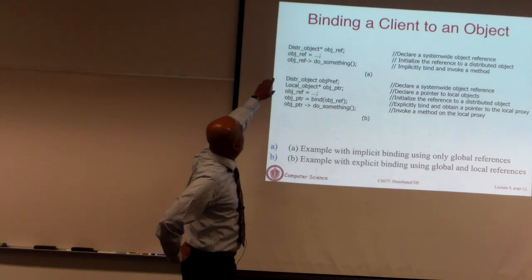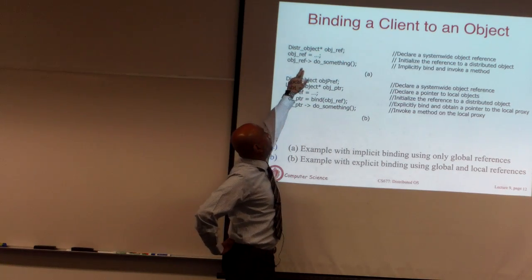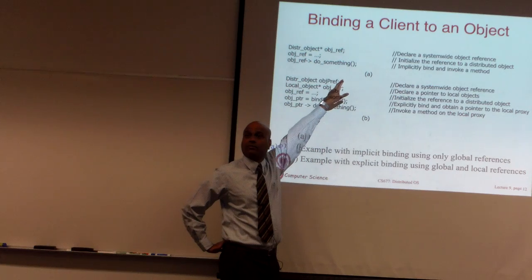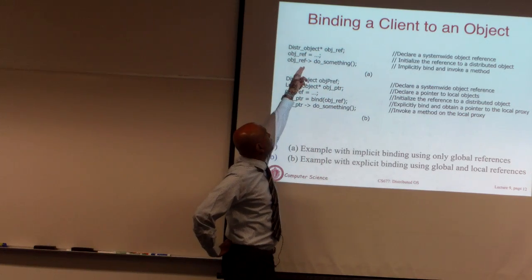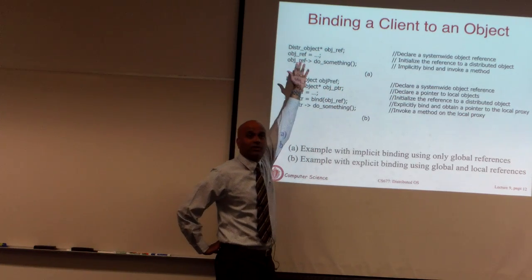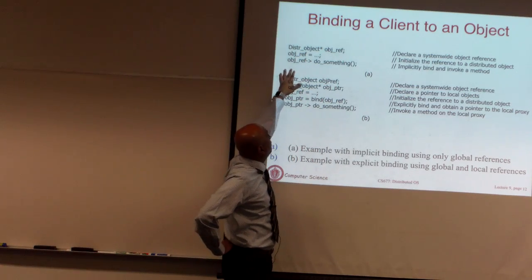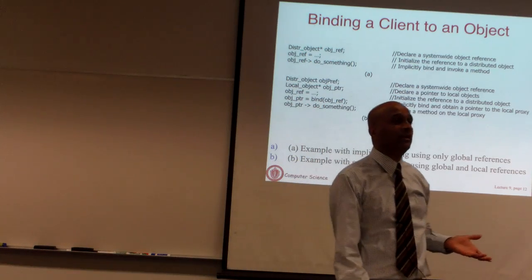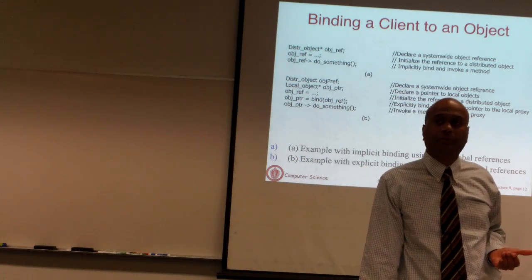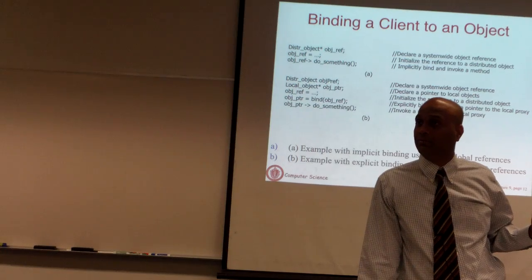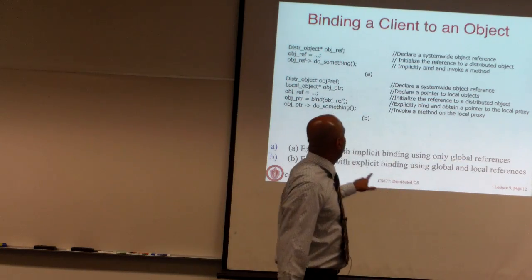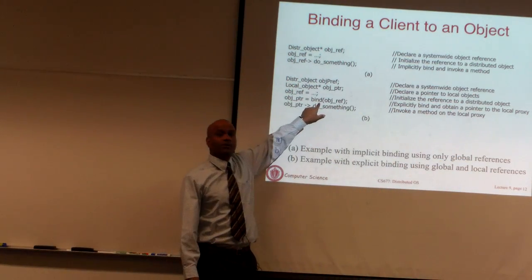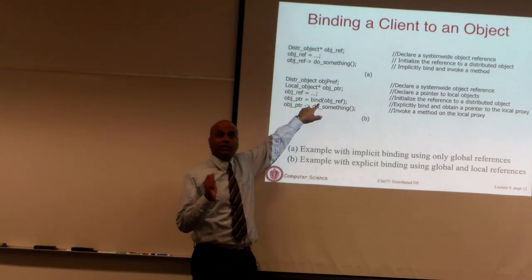So in the first case, all you have essentially done is you just called object.method. This is C++, so you have an arrow there rather than a dot, but the same thing applies in C or Java as well. When you first call a method on a remote object, the stub code will go figure out where the object resides and create a TCP connection. In the second case, you are actually going to call an explicit bind call, which is called explicit binding.